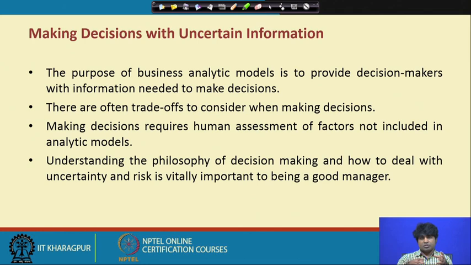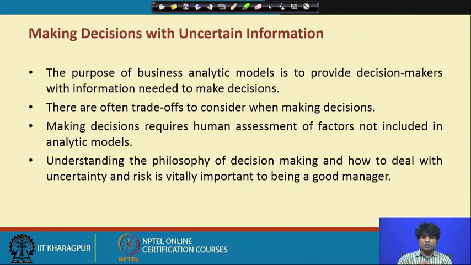In that case, the decision making process will be a very sensitive environment. Otherwise, if the probability is very high, then obviously the difference between the actual and the predicted will be very less, and as a result the decision making process will be very effective.